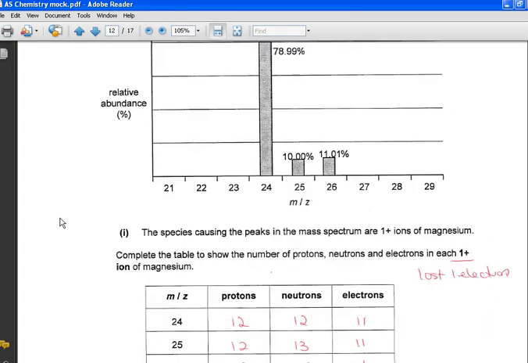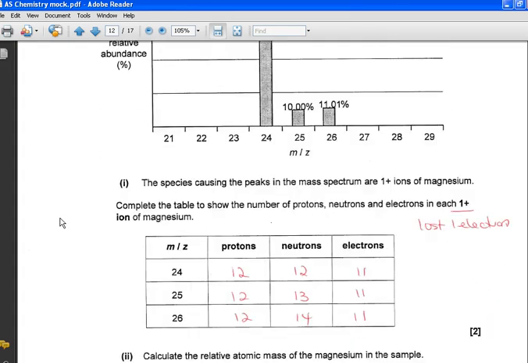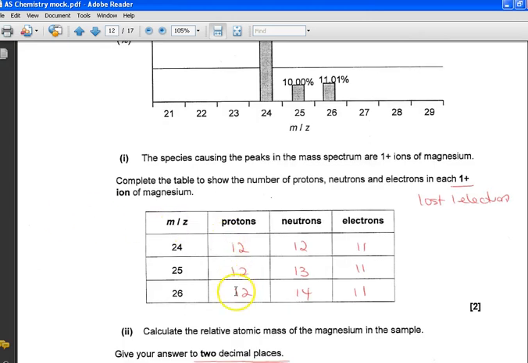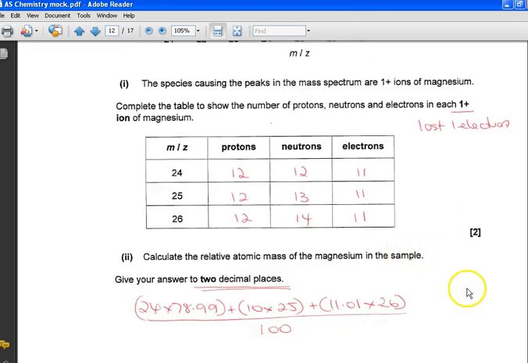Yeah, so magnesium is on the periodic table, so you can find the number of protons from the atomic number. The neutrons will be the mass number minus the atomic number, which is here, and they are +1 ions, so they've all lost 1 electron. So normally the electrons would be 12, they've all lost 1, so it's 11.